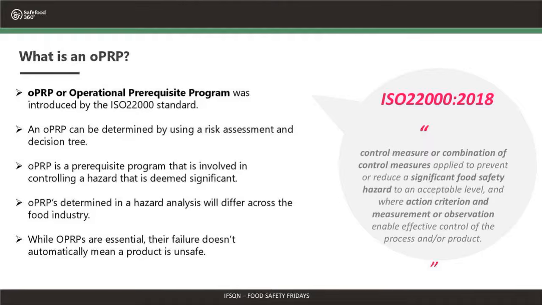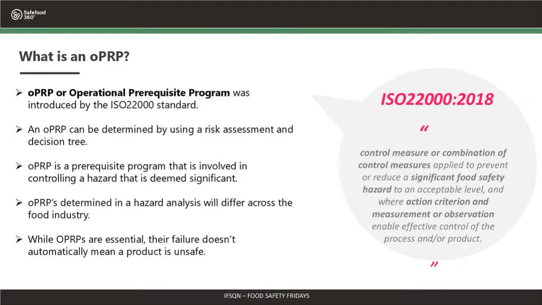What, in this case, ISO want. Just on that note, the definitions may slightly vary depending on the GFSI standard you have in place. BRC version 8 may have a slightly different definition to ISO, and SQF and so on. So just be aware of that.